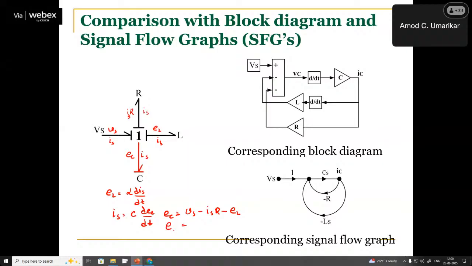L dIs by dt. So EC is Vs minus IsR minus L dIs by dt. Right? So you can see in the corresponding block diagram the same equation. What is Vc? Vs minus L dI by dt minus Ri.